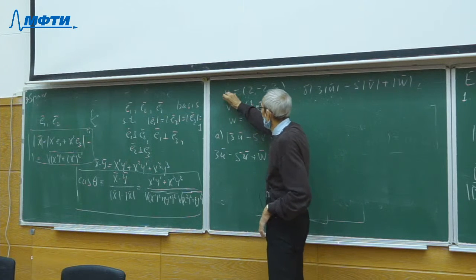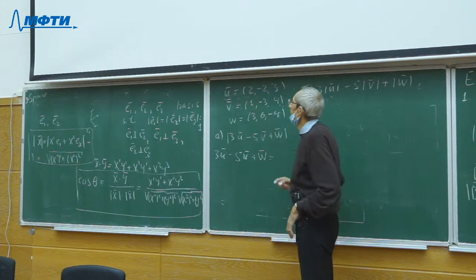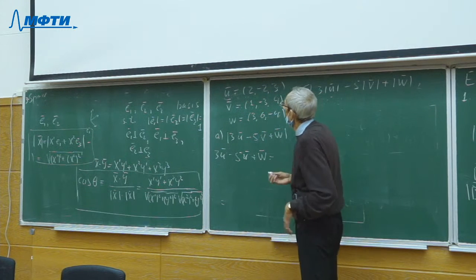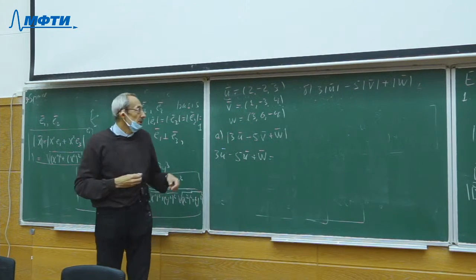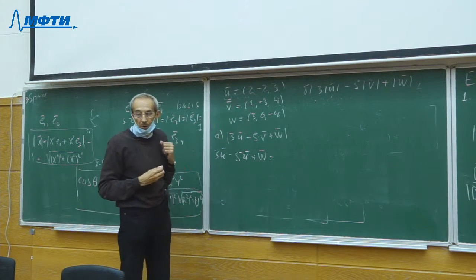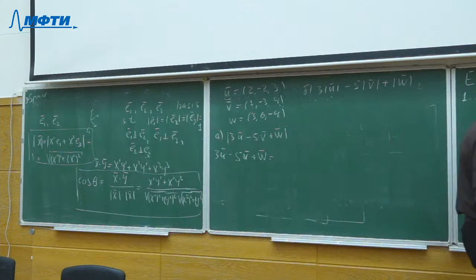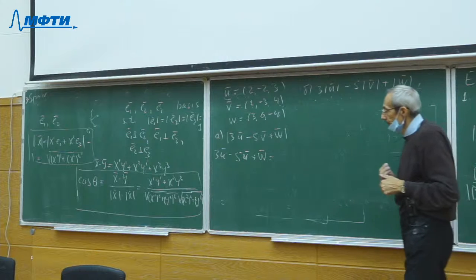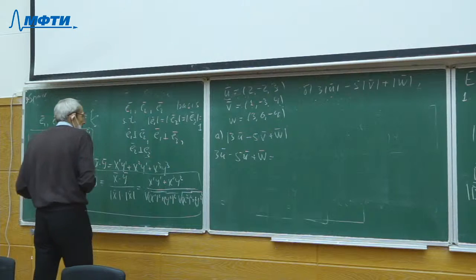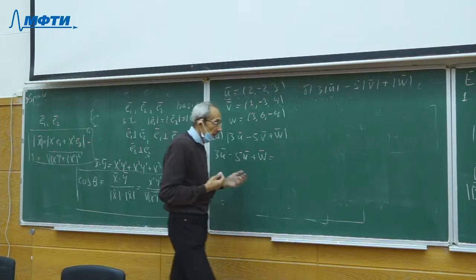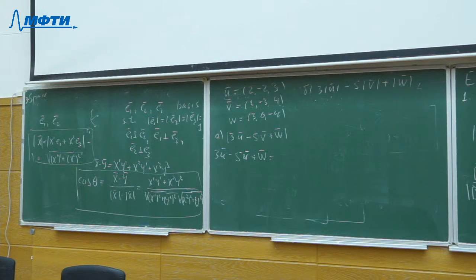On the left side, the geometrical vector, and the sign of equality identifies this geometrical object with an arithmetical object, the element of the arithmetical vector space. And we use this correspondence which was defined before.